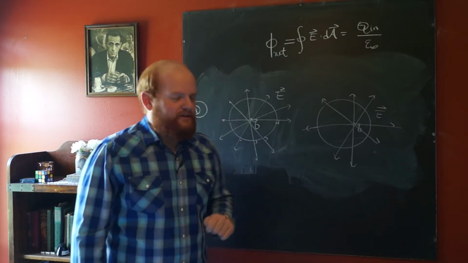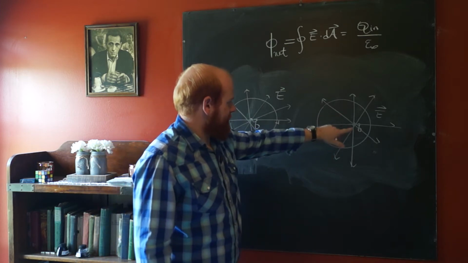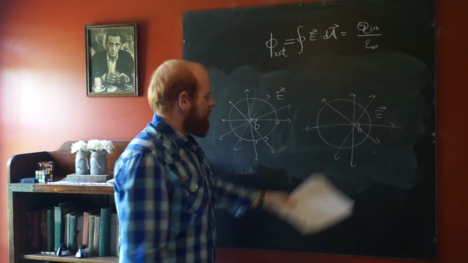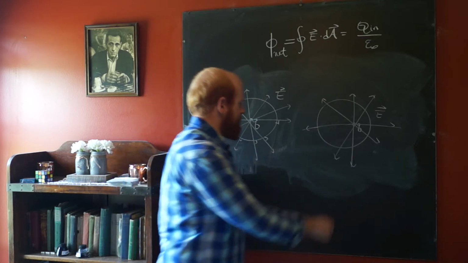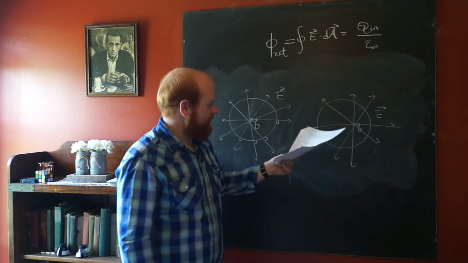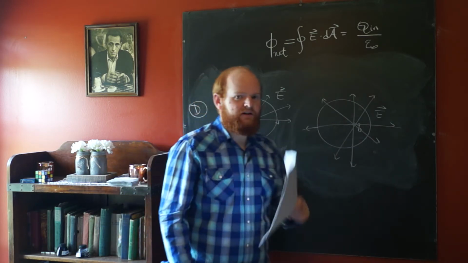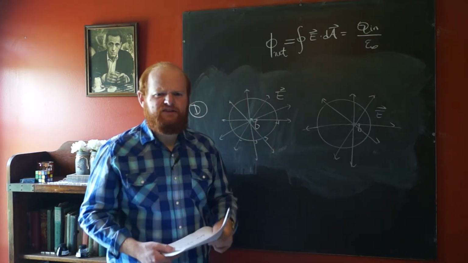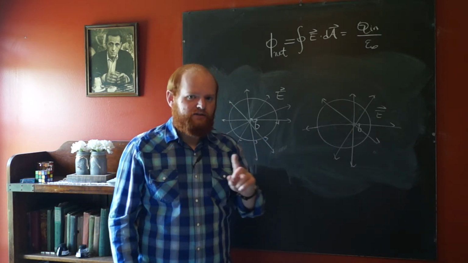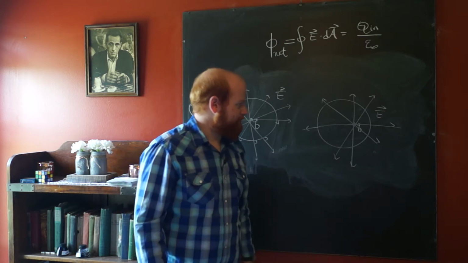The thing that's different is now the electric field along this surface. We don't have that spherical symmetry anymore, so it's no longer true that the electric field is the same at all points on this sphere. That part has changed. So if you had a question relating to the electric field on the surface of a sphere, that would not be the case. Since that's changed, it's really easy to fool yourself into thinking something else has changed too, like the flux is different, but it's really the same.